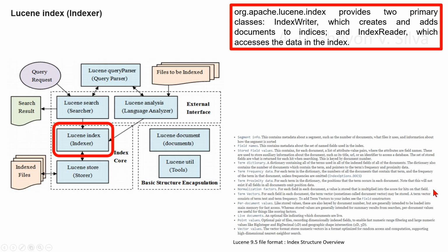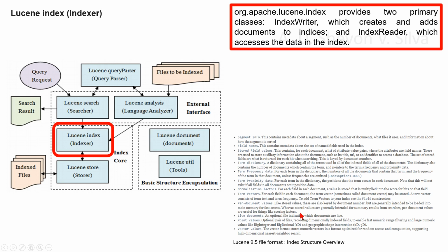Normalization factors: for each field in each document, a value is stored that is multiplied into the score for hits on that field. Term vectors: for each field in each document, the term vector, sometimes called document vector, may be stored. The term vector consists of term text and term frequency. To add term vectors to your index, see the field constructors.